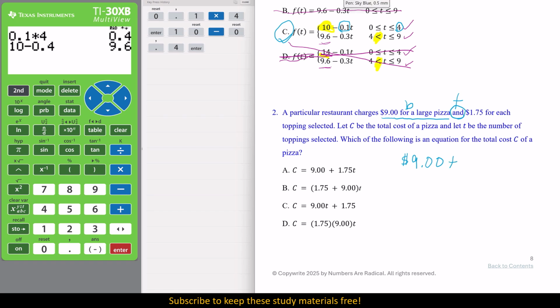And then notice this particular phrasing, $1.75 for each. The minute I see "for each," I teach even little sixth graders, when you say a number like that and "for each," that is indicating you probably have a slope.